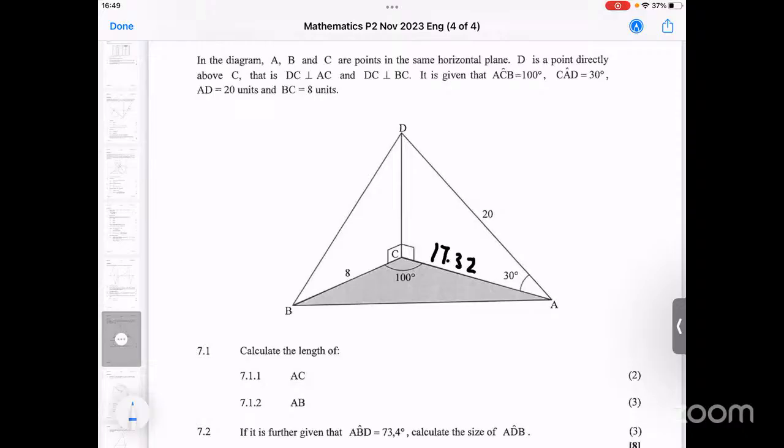Then it's fine. What will therefore be the answer? You can work it out on your side, and then let me know what the answer is.